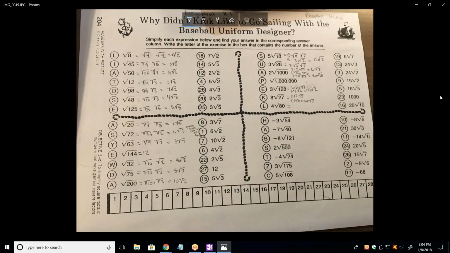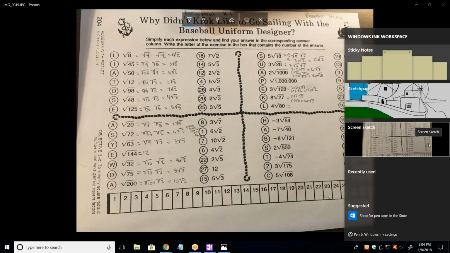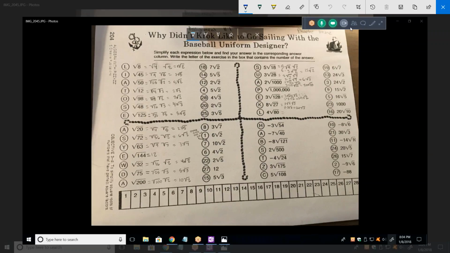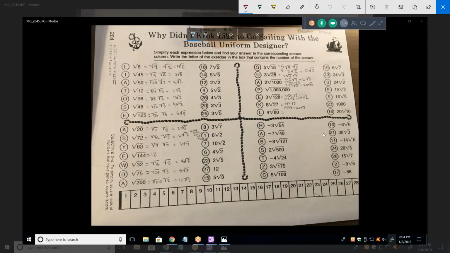Yes. Here, let me take a quick snapshot so that I can write on the screen. All right, so the key is to find factors of 80, one of which is a perfect square number.